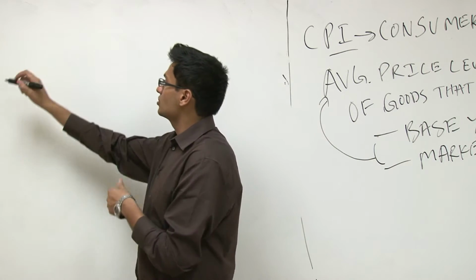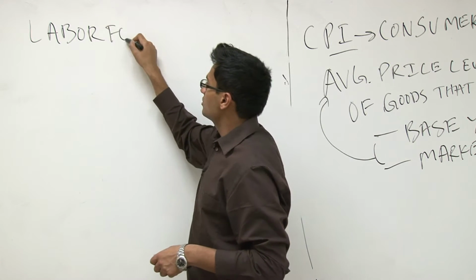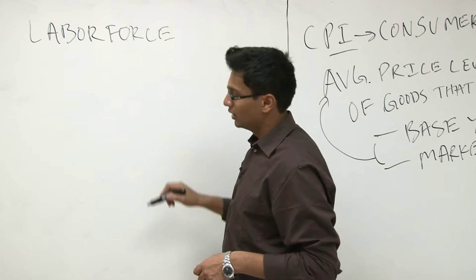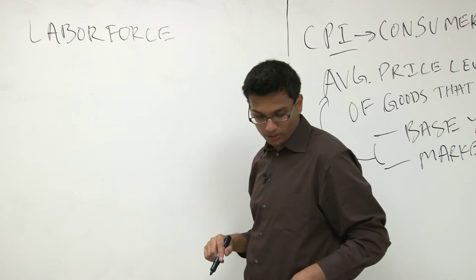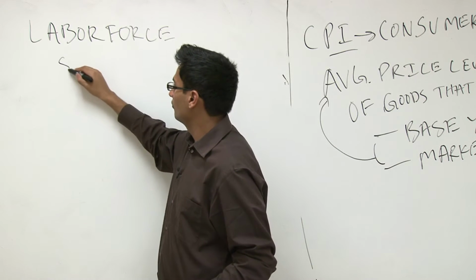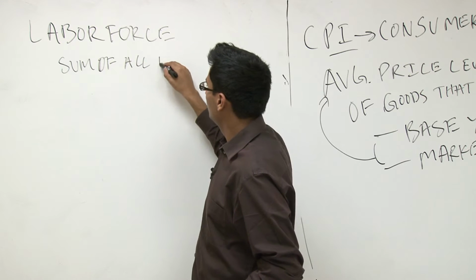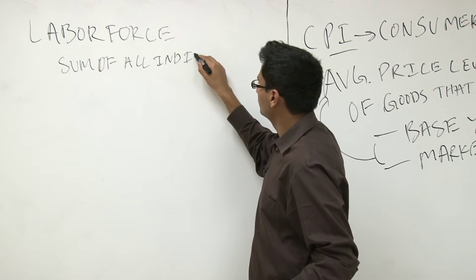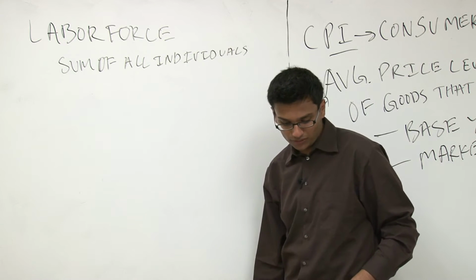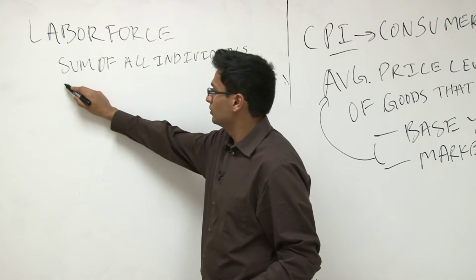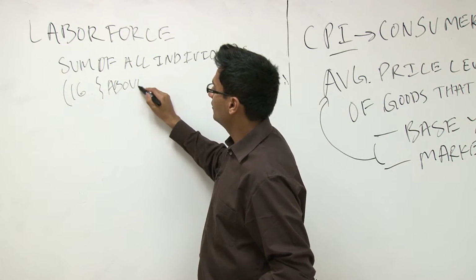First is the labor force. So what does a labor force consist of? Labor force consists of the sum of all individuals who are 16 and above, I'll put it in parentheses, 16 and above.